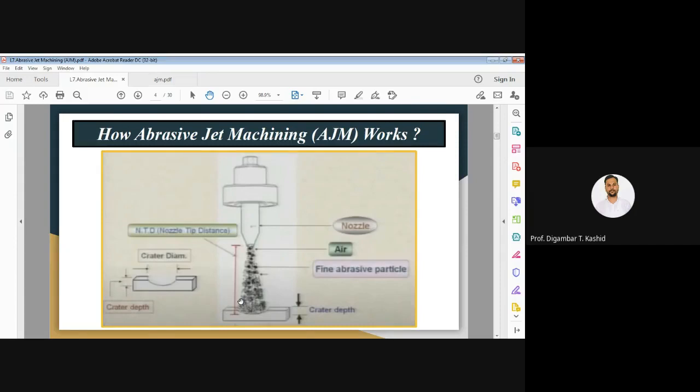Through that action the material will be removed. What is removed is called crater or debris. Whenever we are getting the debris, you need to maintain the nozzle tip distance constant.